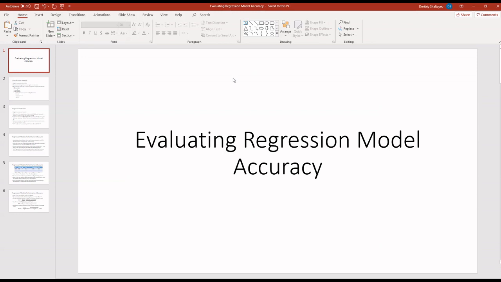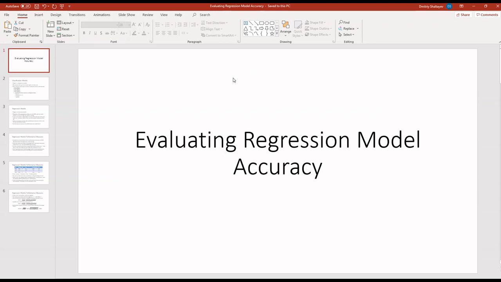In the last couple of lectures we discussed two new models that allow making predictions when your target is numerical. The first one was the regression tree, and the second one was the simple linear regression.